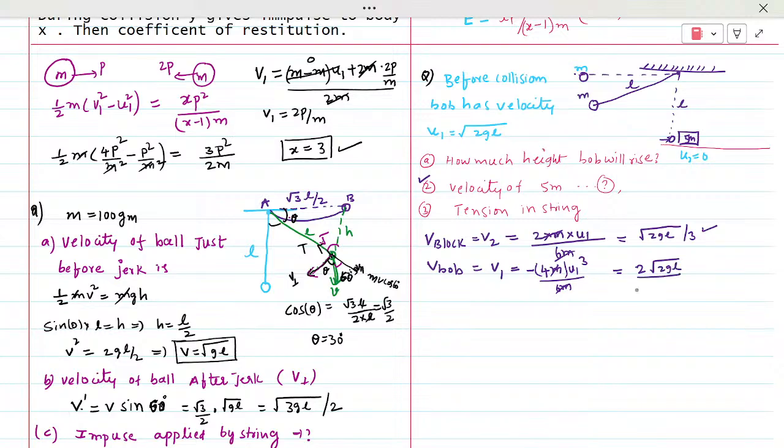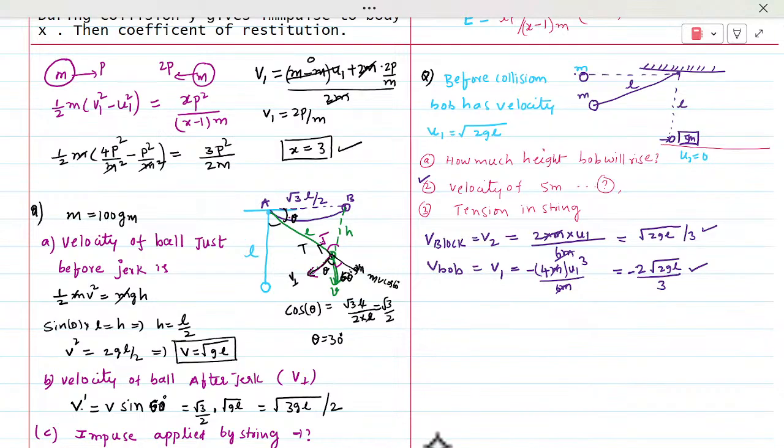So this is the velocity of the bob V1. Minus indicates that the 5m mass is heavier than m, and as 5m is stationary, the bob will get reversed. Rebounds don't need to have the same velocity, but in maximum cases rebound means the same velocity.